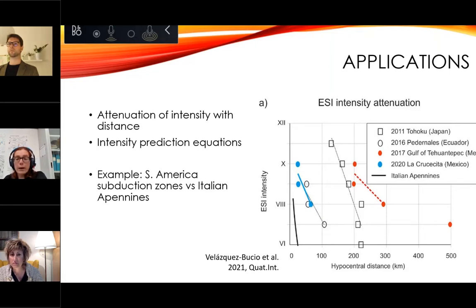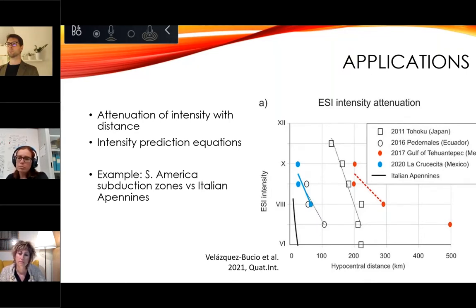Well, there are plenty of such prediction equations based on the Mercalli-type intensity scales. And now some attempts have been made using the ESI scale.